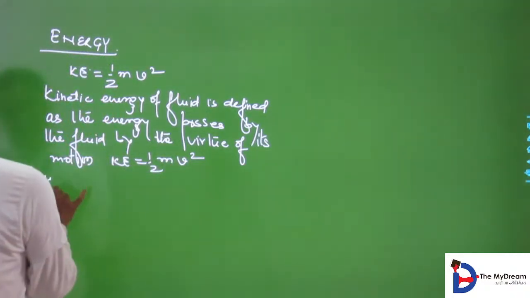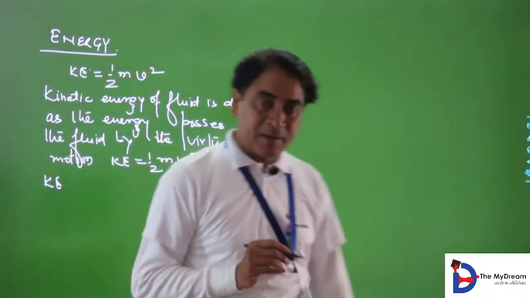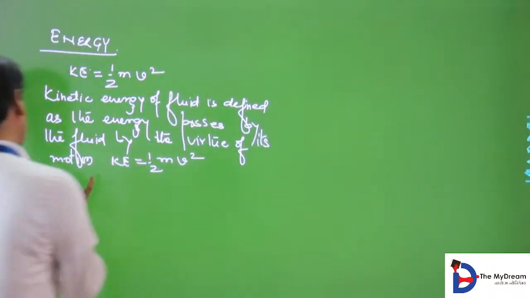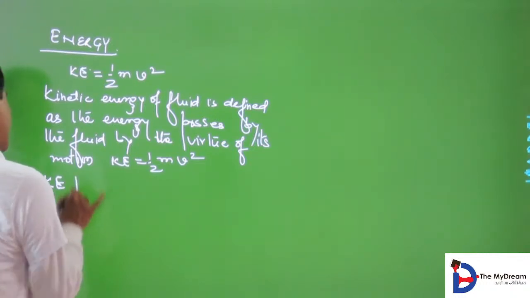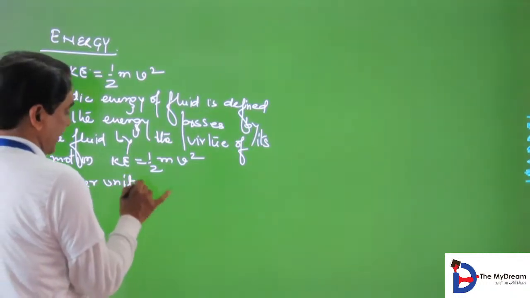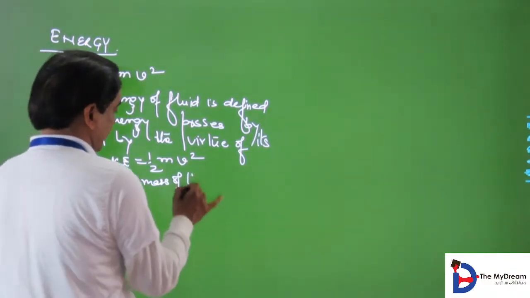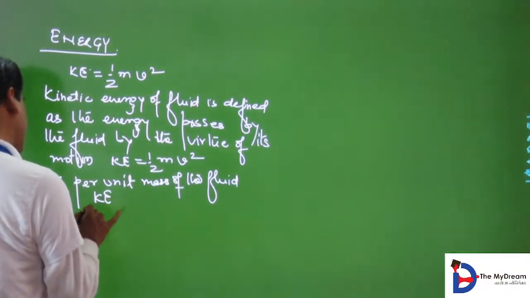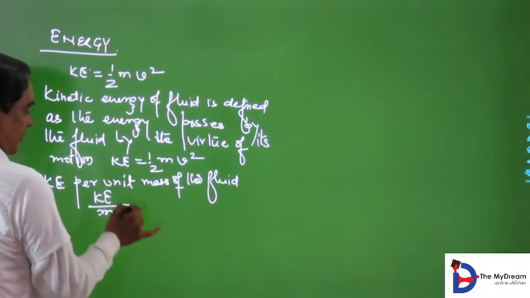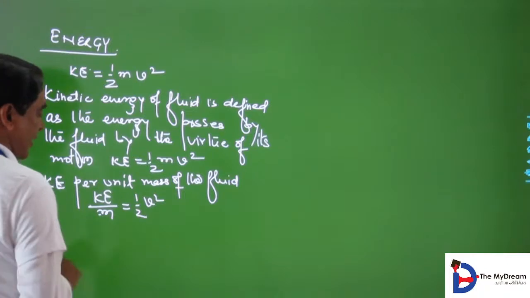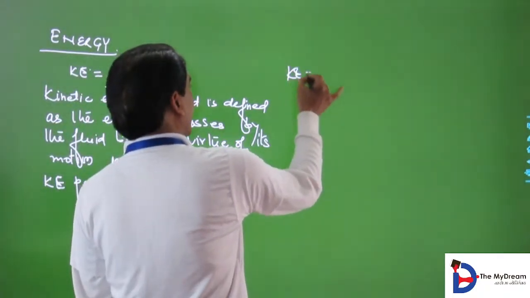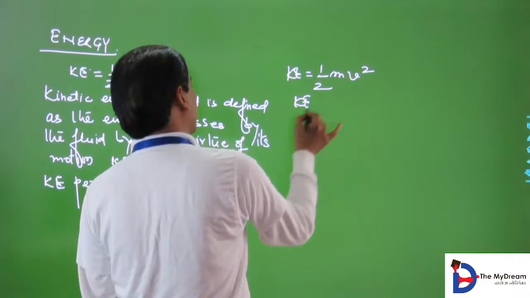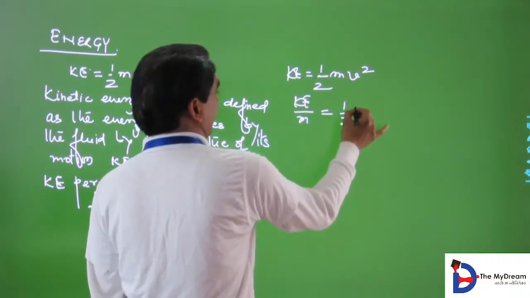If you want to know the kinetic energy per unit mass of the fluid, it is given by half v square.